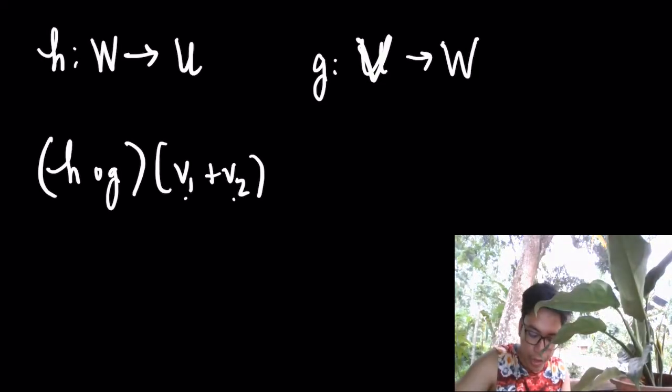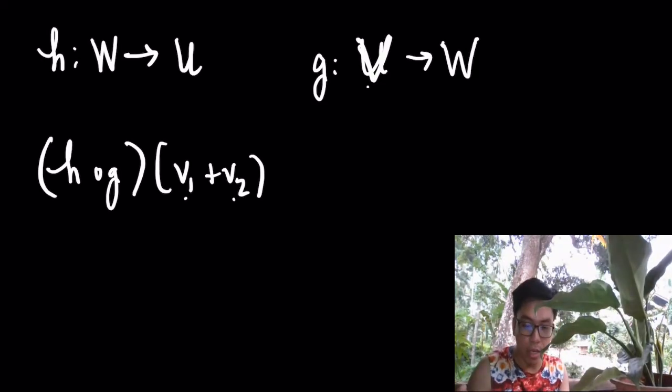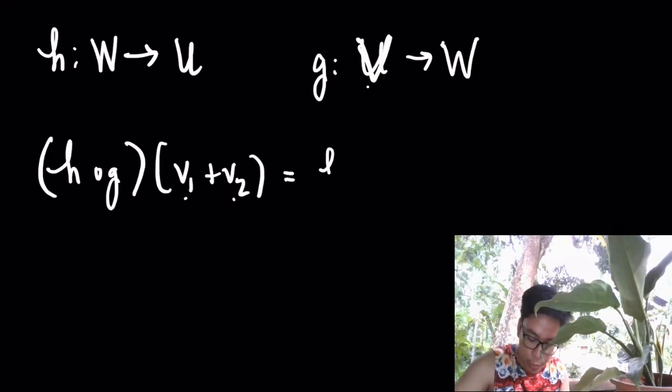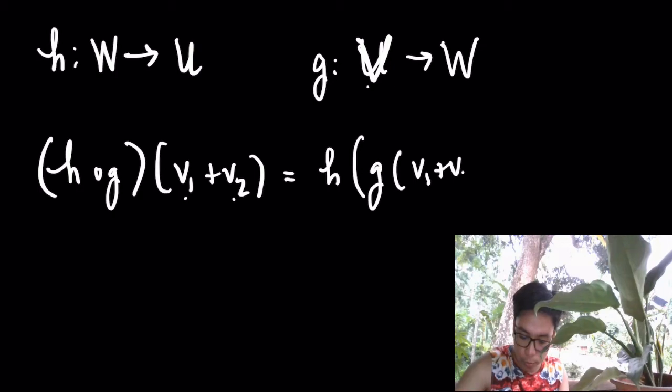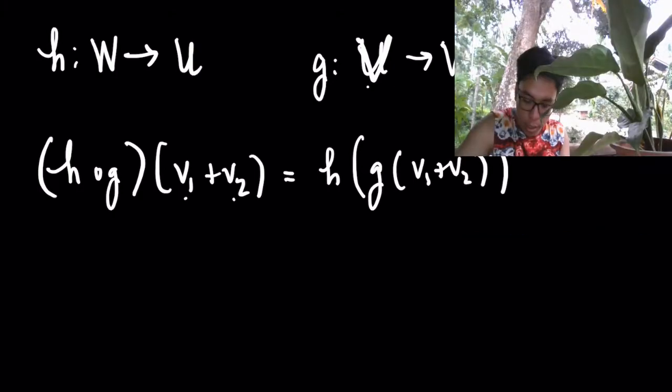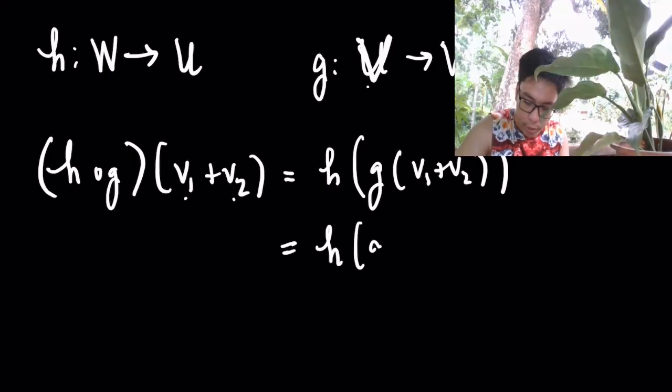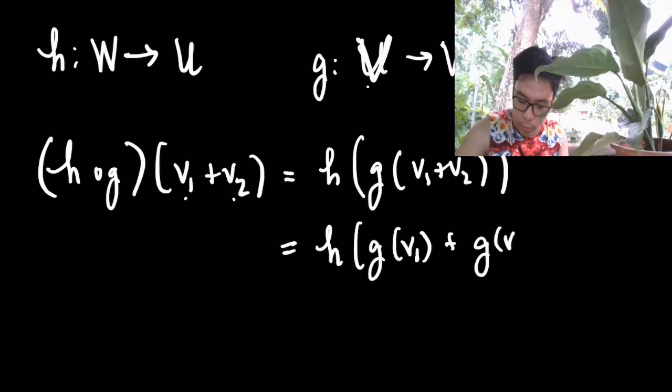So these two vectors here are coming from a vector space V. And so by the definition of the composition, I would get h of g of v1 plus v2. And since g here is a linear transformation, I'd get g of v1 plus g of v2.